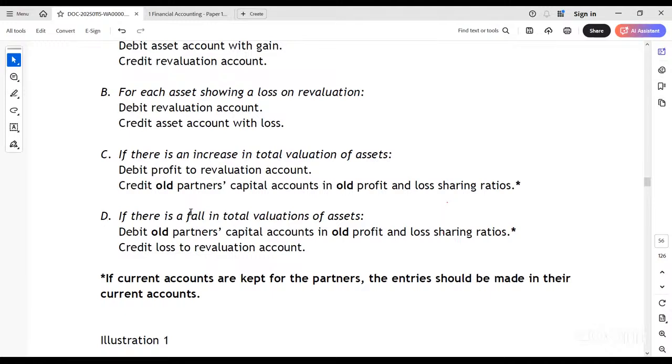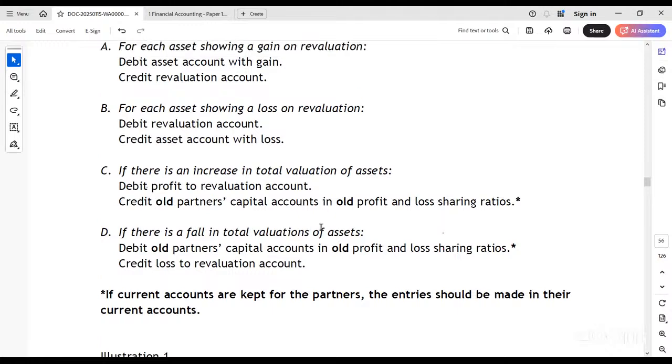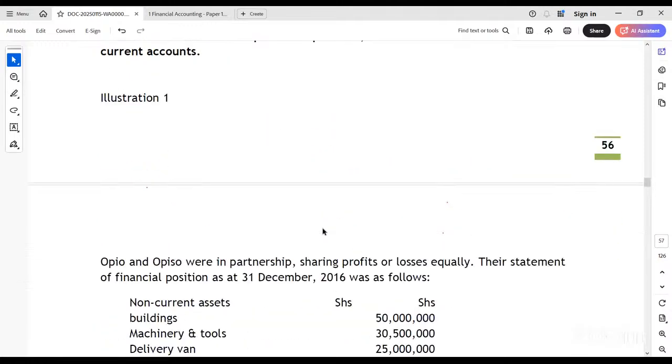The current account records profit or loss shares, the salaries, the interest on drawings. If the current account is not maintained, then that's when you can use the capital account. So that is goodwill and revaluation of assets.